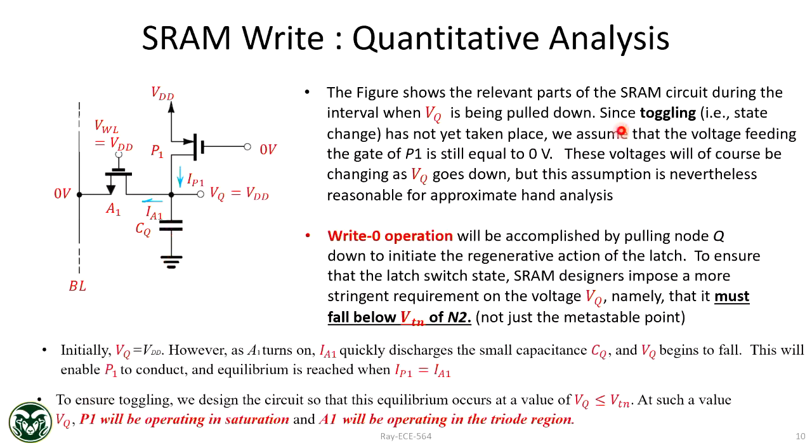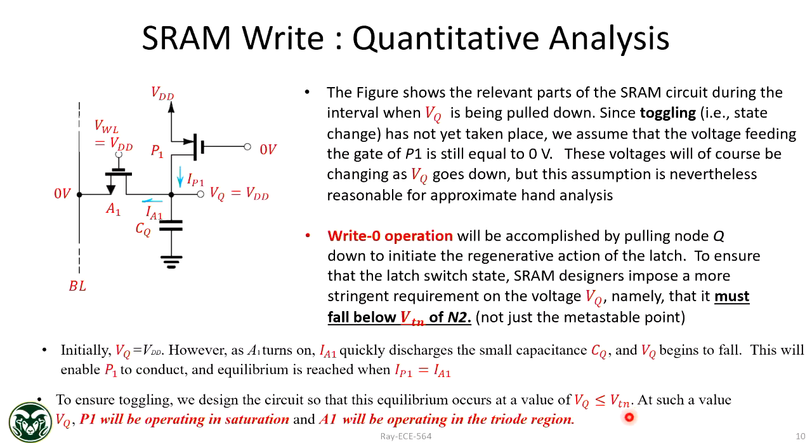Okay, so these are the step-by-step processes. I'm not going through them; please read through them because this gives you the full idea of what is going on, and what is required to toggle this transistor. But the main part here is that at equilibrium, IP1, or the current of PMOS 1, has to be equal to the current of NMOS A1, and that equilibrium VQ should be lower than the threshold voltage.